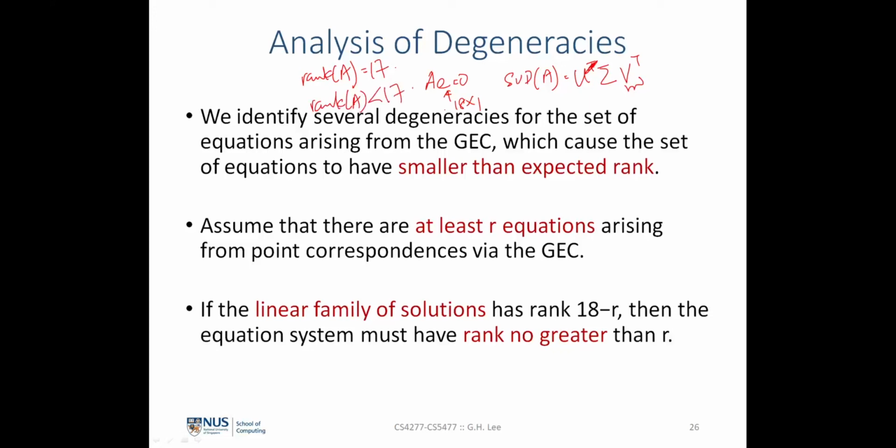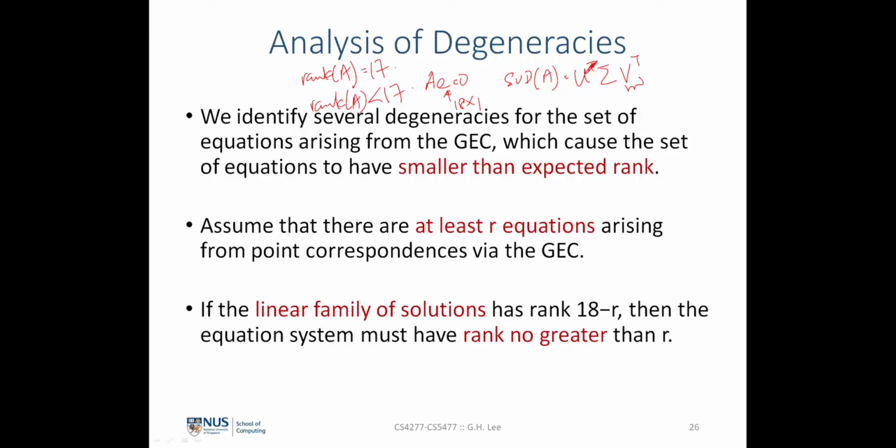This means that we will have a family of solutions which can be parameterized by more than one parameter. We could have two parameters or more, depending on the severity of the degeneracy. So in general, if the rank of A falls below 17, then we would have a degenerate case.